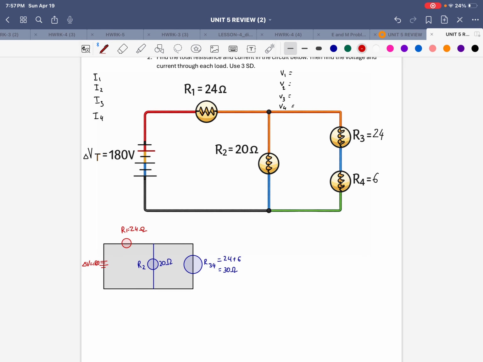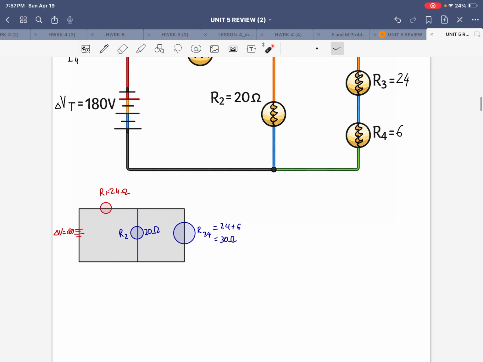Okay, so in order to find the total resistance, now we have to re-examine the diagram we have. So we have this one in series with these two. So now we have a parallel within a series.